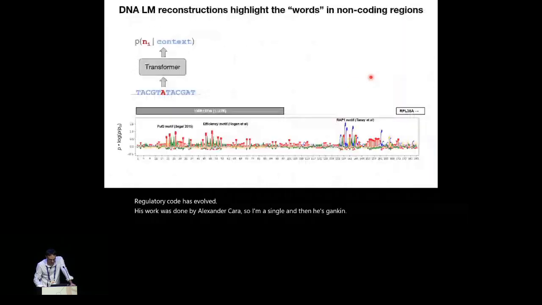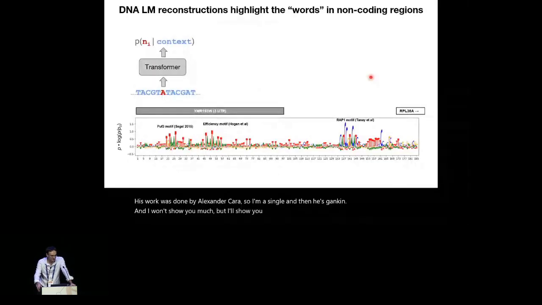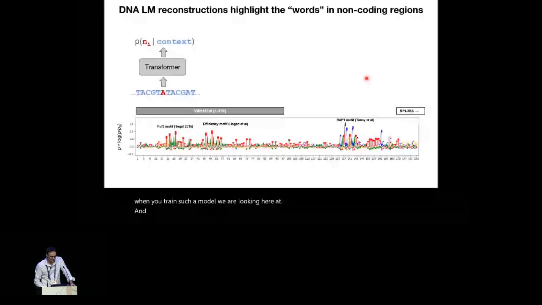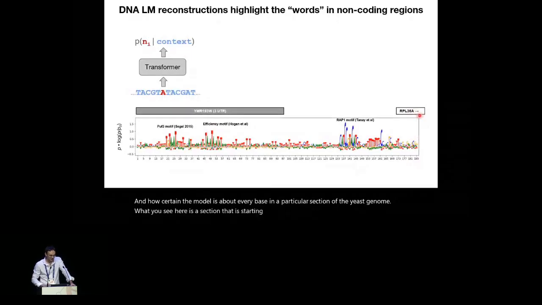I won't show you much, but I'll show you one picture so you see a bit what happens when you train such a model. We are looking here at how certain the model is about every base in a particular section of the yeast genome. What you see here is a section that is starting 5' of the start codon of a ribosome gene, RPL36A.